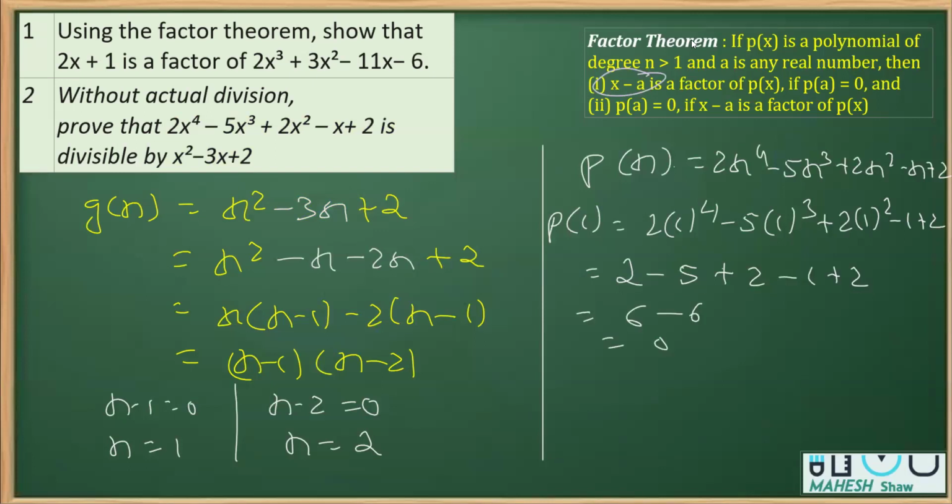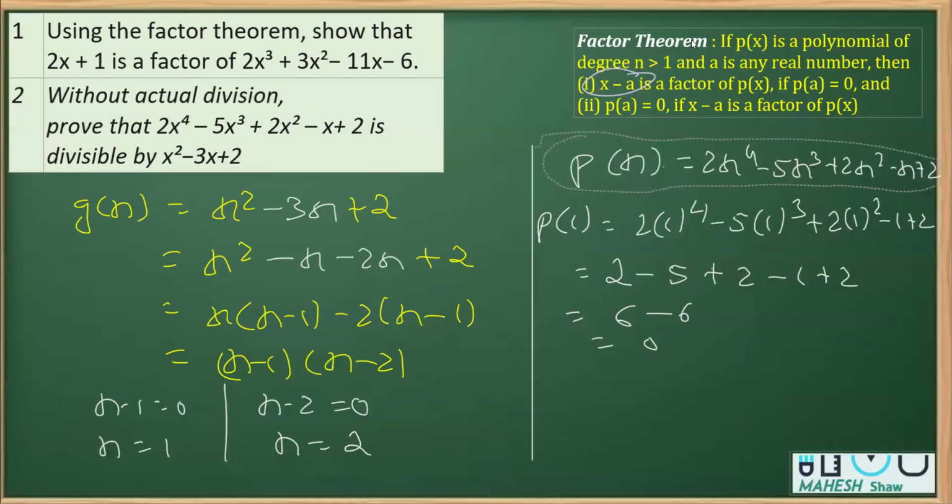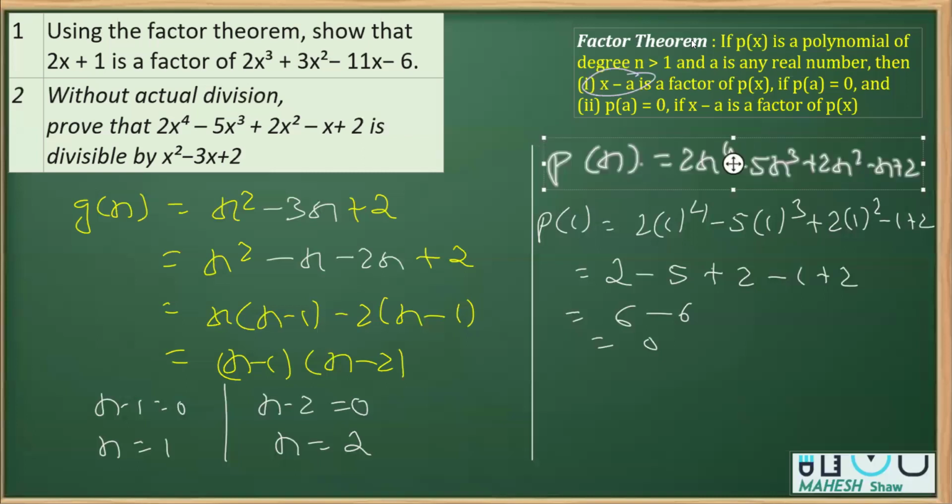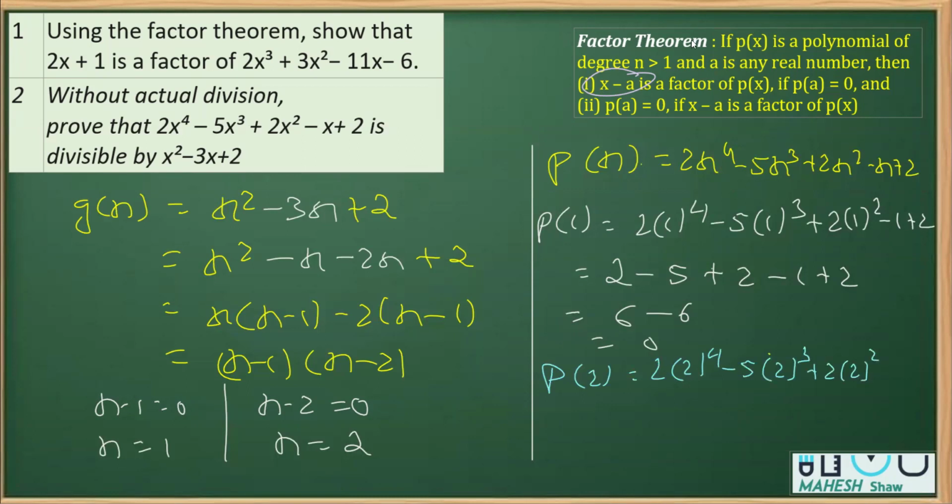In the same way, I'm going to replace x with 2 in this polynomial. If I plug in x as 2, that is 2 into 2 raised to the power 4 minus 5 times 2 raised to the power 3 plus 2 times 2 raised to the power 2 minus 2 plus 2.